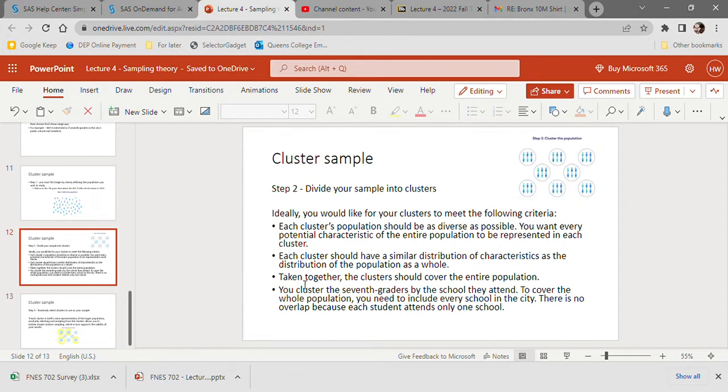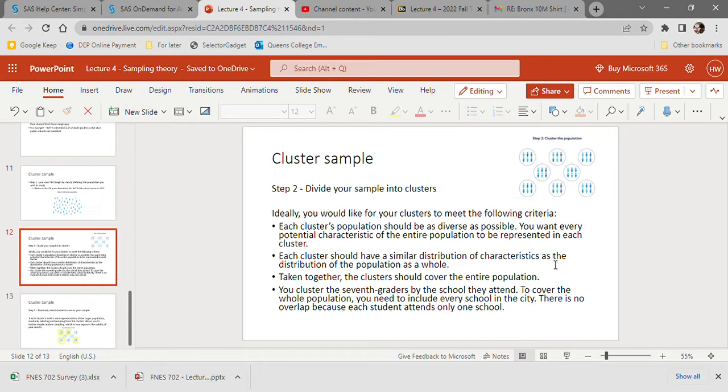Taken together, the clusters should cover the entire population. So if you have 100 students and you create an equal number of clusters, when you add up all of the clusters, it should be 100.